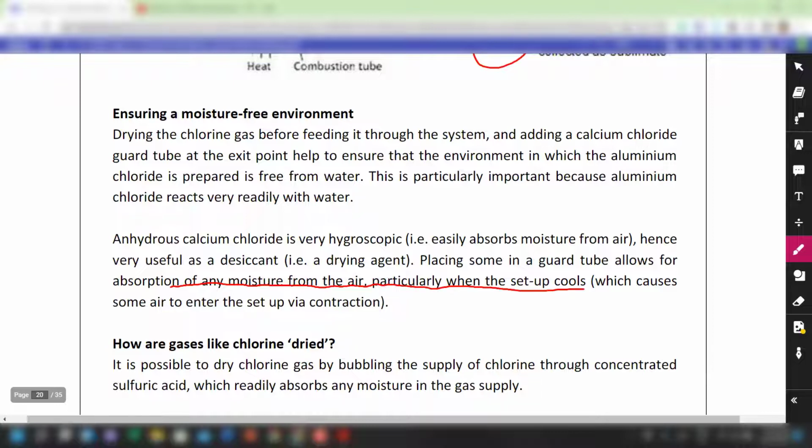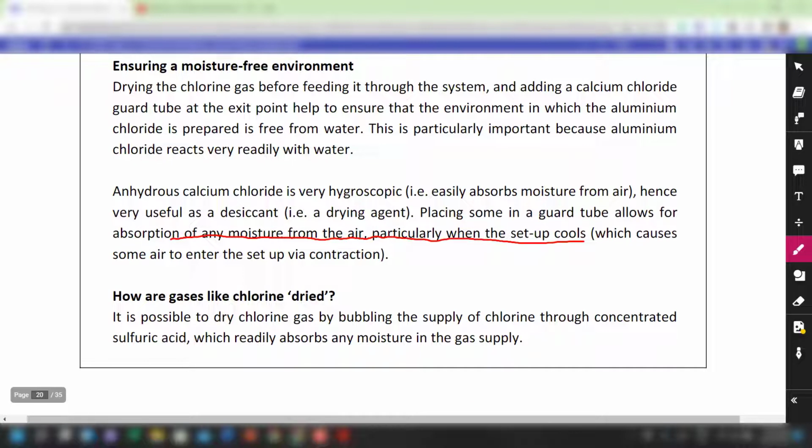It's possible to dry it by passing it through concentrated sulfuric acid. As all of us know, concentrated sulfuric acid is a very good drying agent, so it's able to absorb any moisture. Earlier on I've done a video showing how a few drops of concentrated sulfuric acid will cause a piece of serviette to combust instantaneously.